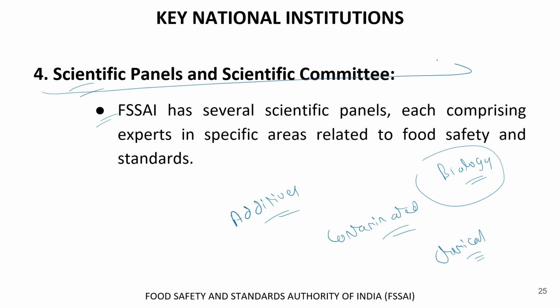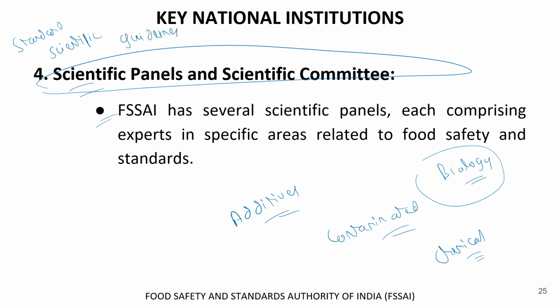So these are the scientific panels and scientific committees which are responsible for providing the standard scientific guidelines, a blueprint, to the authority. Thereafter, through meetings, this blueprint is converted into the final draft, and then it is presented to the food business owners that you are required to comply with these standards.